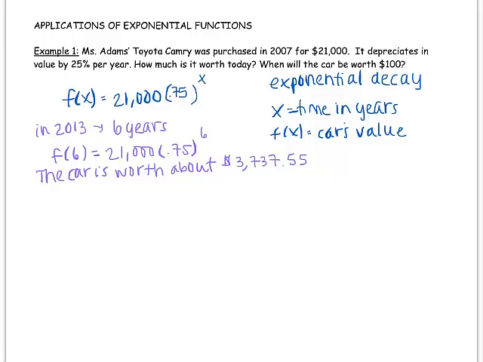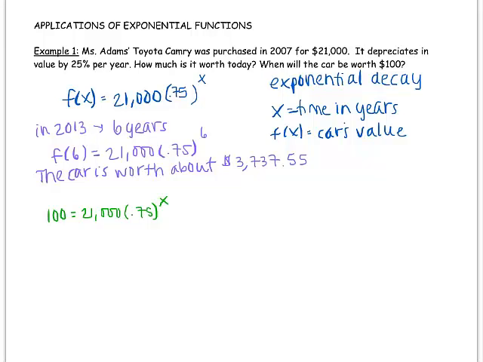So the second question is, when will the car be worth $100? In this case, I'm giving you what the car's value is, and I'm looking for how much time has passed. So you're given f of x and you're looking for x, the time.